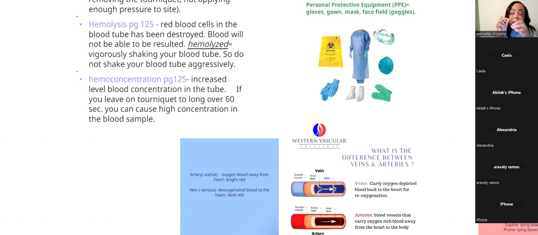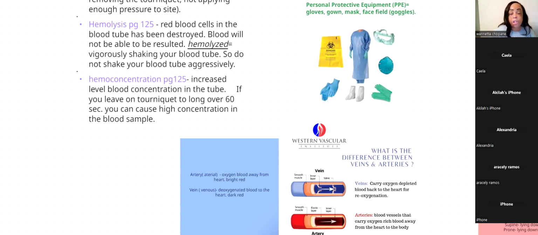If your blood tube has little bitty bubbles at the top, that means that your sample has too much concentration in it. So when it's resulted in the lab, the medical director may not be able to see the components of that blood.